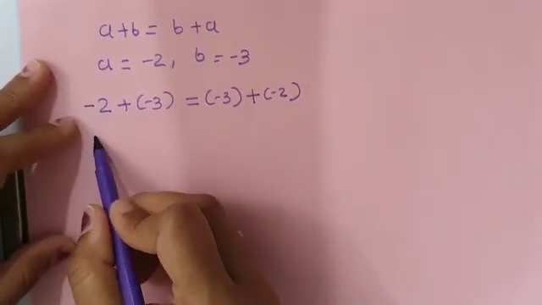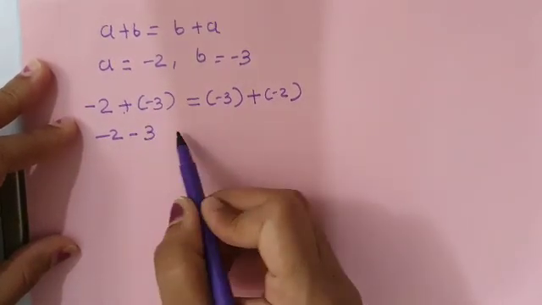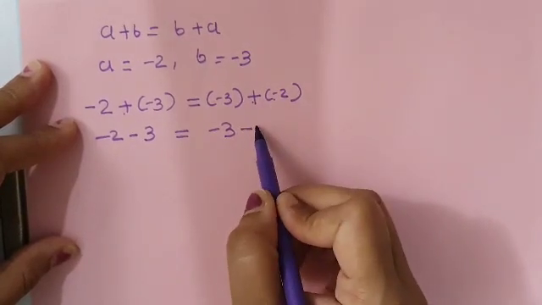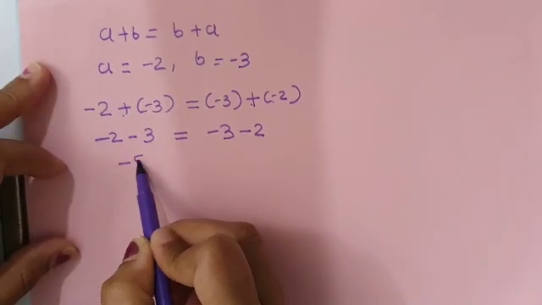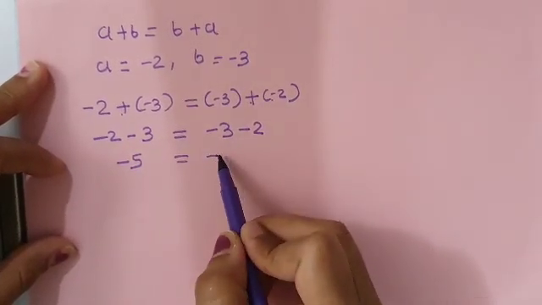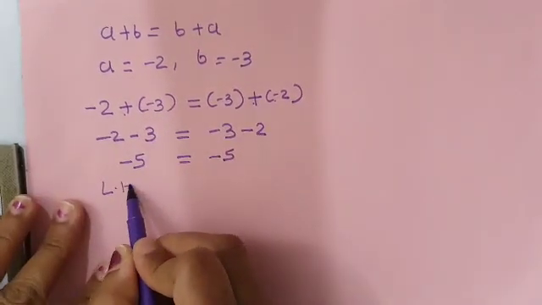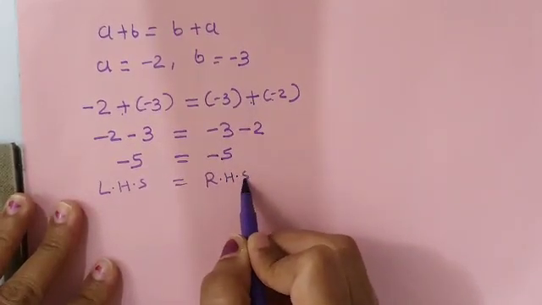Now -2 -3 is equal to -5 and -3 -2 is equal to -5. So left hand side is equal to right hand side.